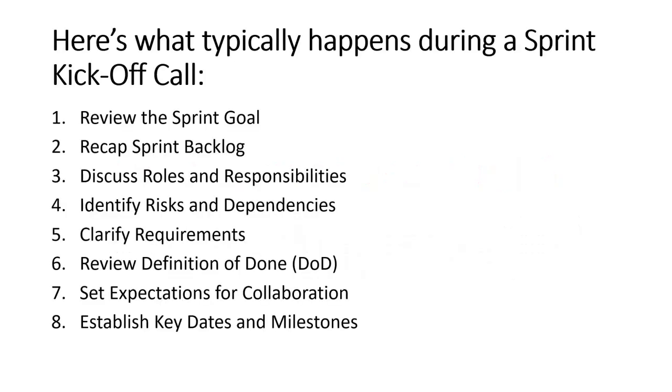These are the things that typically happen during the sprint kickoff call. So we'll start with the sprint goal. The objective of this step is to define the sprint goal and to discuss it with the team. For example, if the sprint focuses more on the automation of the lead assignment process, the goal will be towards that.